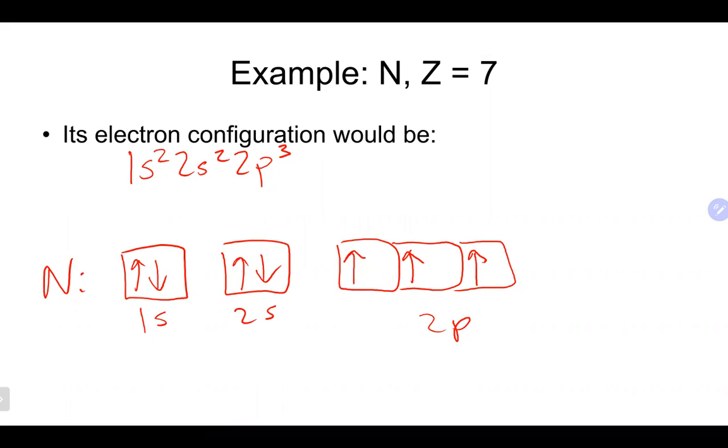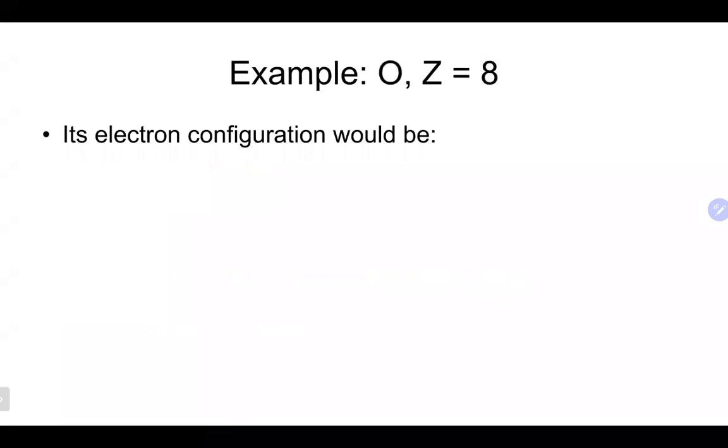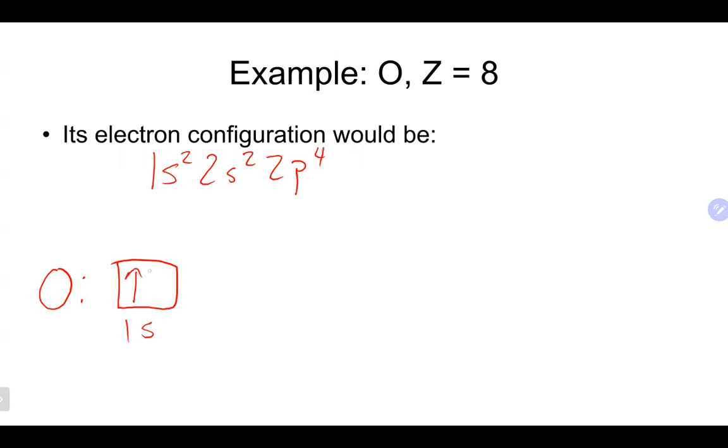Okay, so let's might as well finish out the first 10 here. So number 8 up there should be oxygen. Oxygen would be good. And that means we should have, starting at the top of our zigzag guy, 1s2, 2s2, 2p4 in this case. And our diagram here, up and down, up and down.